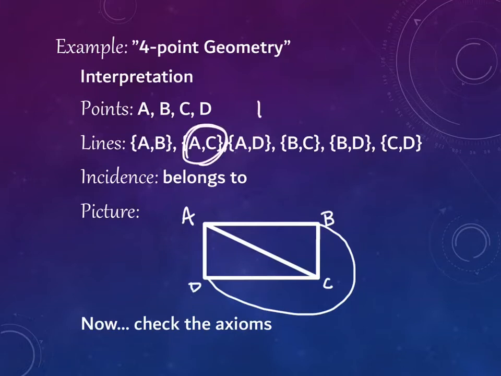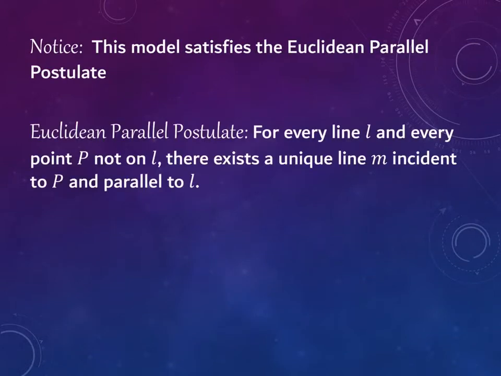B. We need a line going through B that doesn't go through AC. BD, right? That's the only option. And that's what the Euclidean Parallel Postulate said has to happen. For every line and every point you pick not on it, there's one line going through it parallel. One line going through it that doesn't intersect the first line you started with.